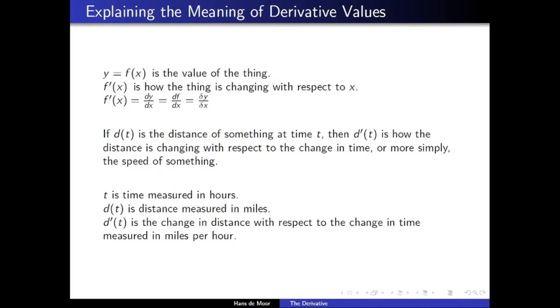So if we say d at t is the distance of something at time t, then d prime is how the distance is changing with respect to the change in time, or simply the speed, right? So t is in hours, d at t is measured in miles, d prime at t is measured in miles per hour.